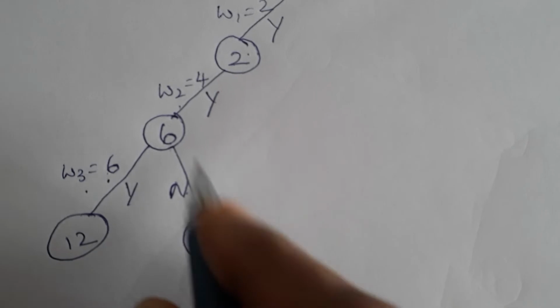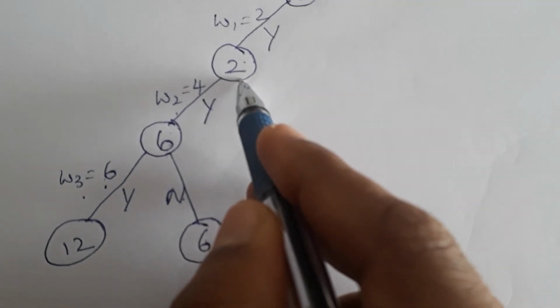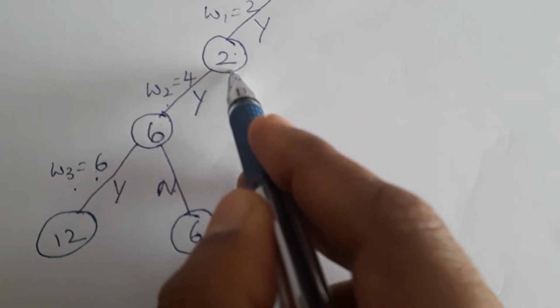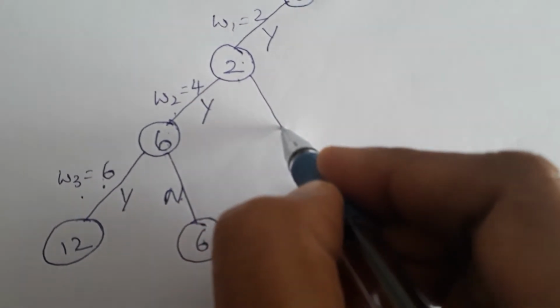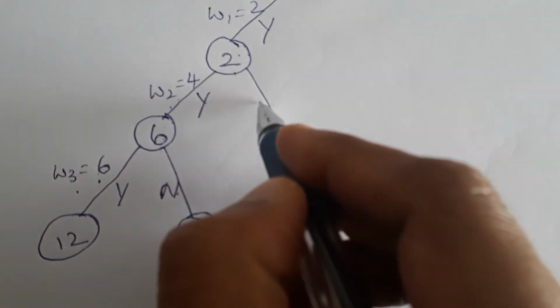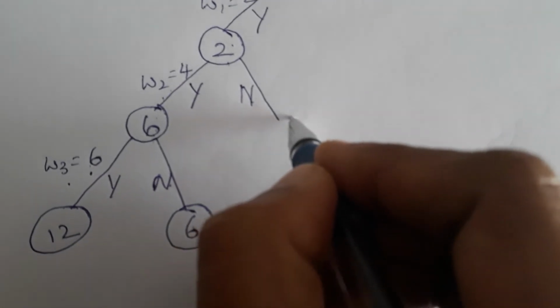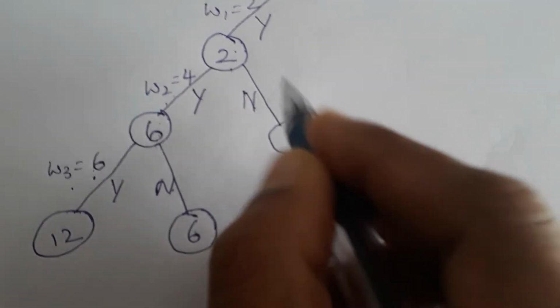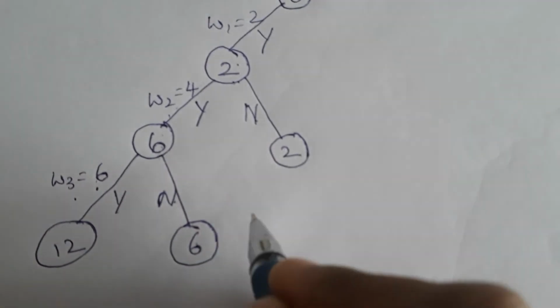Now we will backtrack to the parent and then to its parent at the root at level 1. Here we have another option, not considering w2 is equal to 4 in the subset. So that is no. Here the resultant sum is 2 plus 0, which remains 2.